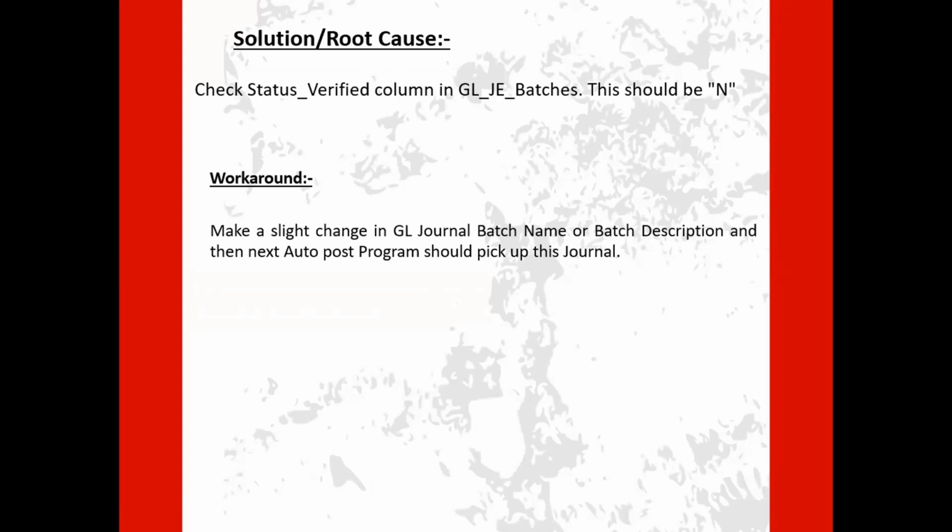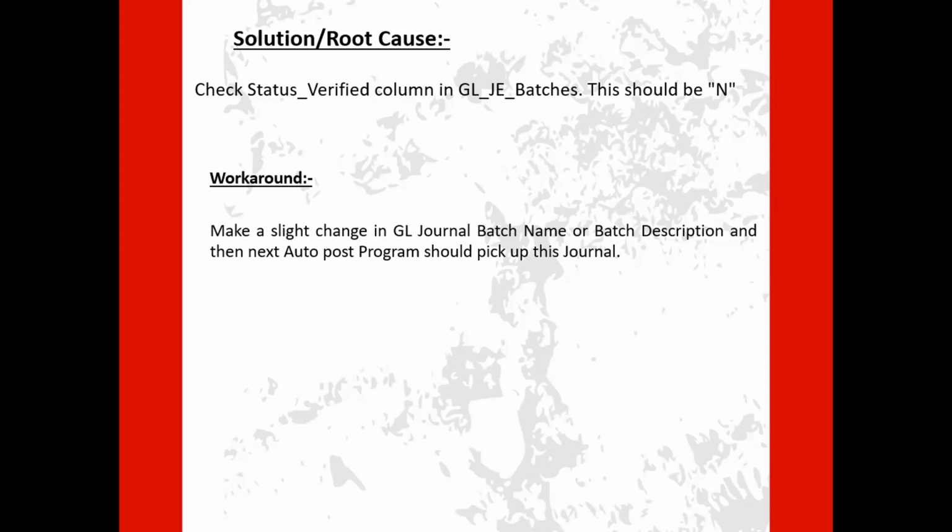So in my first case, when the journals were picked up by Autopost program, the status underscore verified column in GLJE batches was no. Autopost program picked up that journal entry and put it in the error status, saying that one of the account code combinations was not enabled for posting.